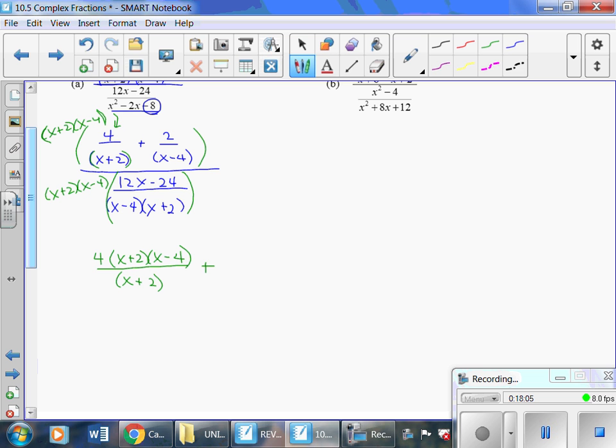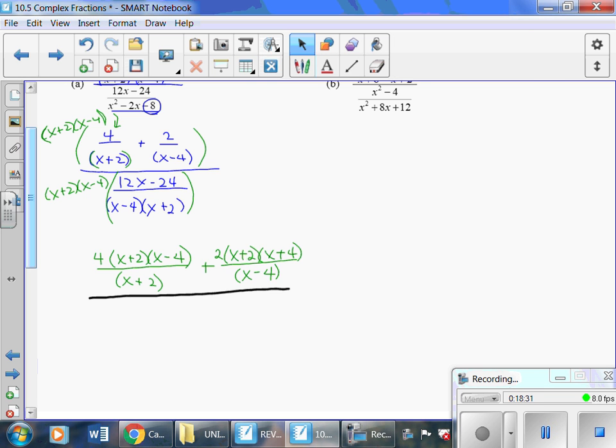Plus, now I'm going to do the same thing for the next part of my fraction, which is going to be 2 times my common denominator. 2 times x plus 2, x minus 4, all over that common denominator, which is x minus 4. So that's all in the numerator, because here now is my big fraction bar.